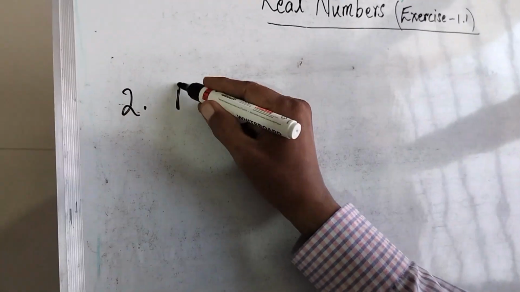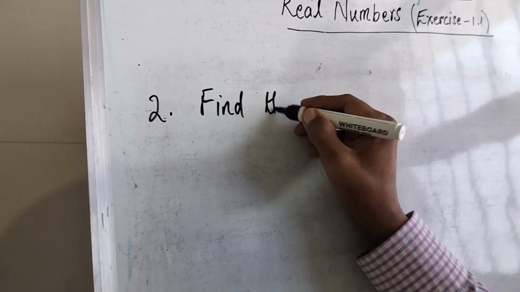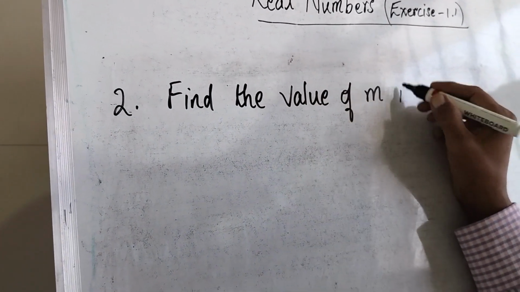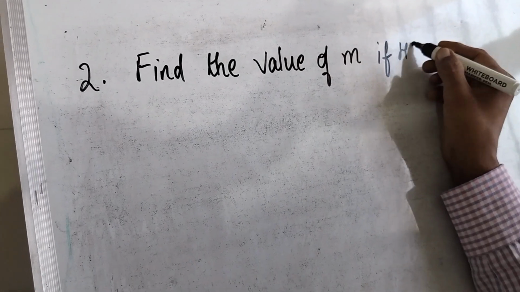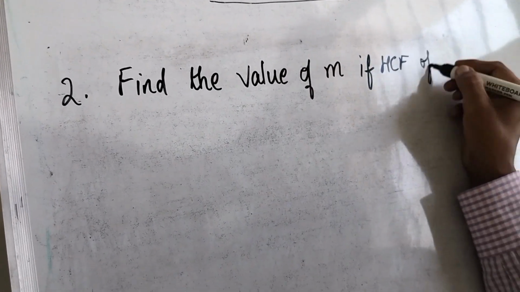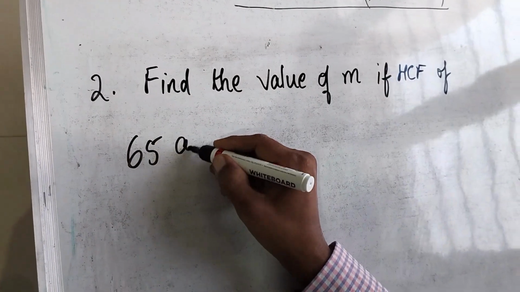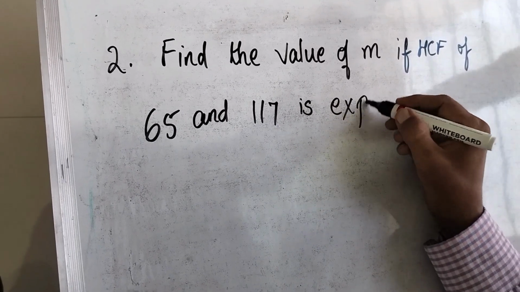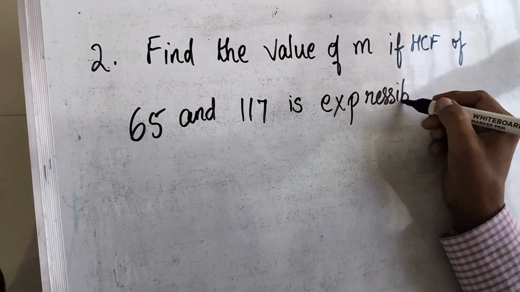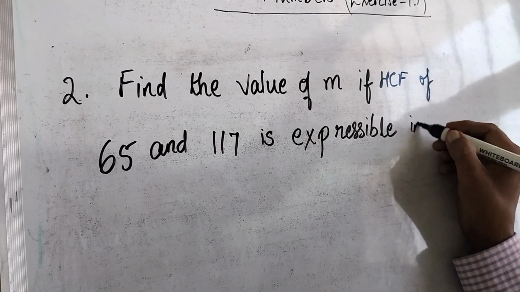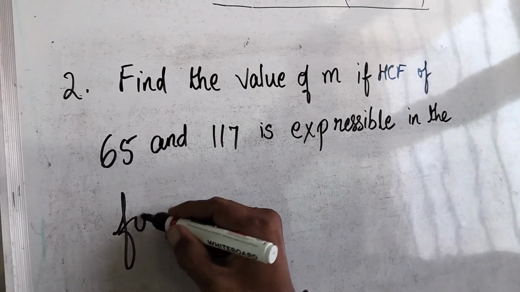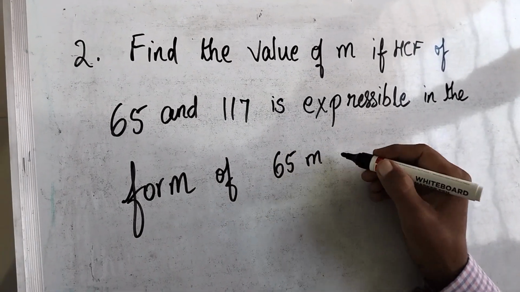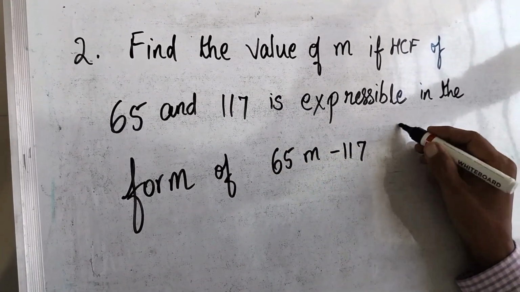Second question is: find the value of m if HCF of 65 and 117 is expressible in the form of 65m minus 117.